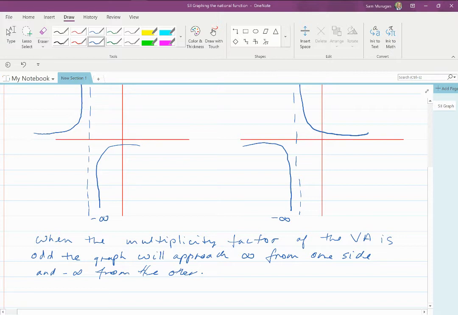It's not necessarily the left hand or the right hand. It could approach negative infinity on the left side, or positive infinity on the right side.